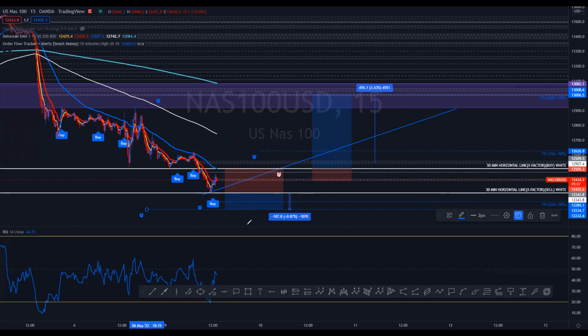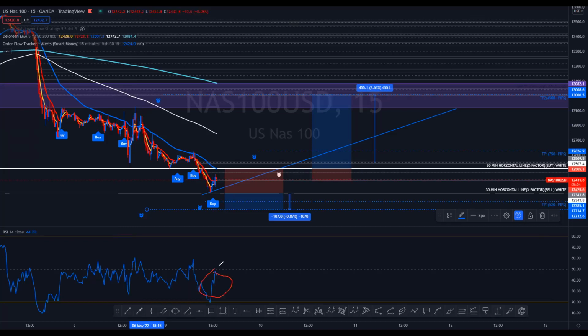Something tells me, now that I've really looked at it based off the RSI, there's a possibility price might sell down somewhere. This high is lower than the previous high.